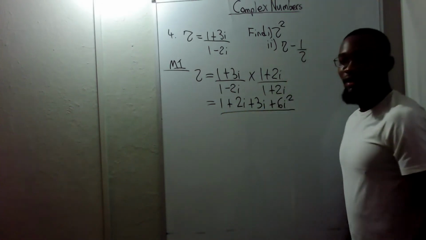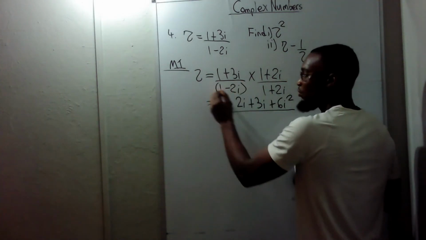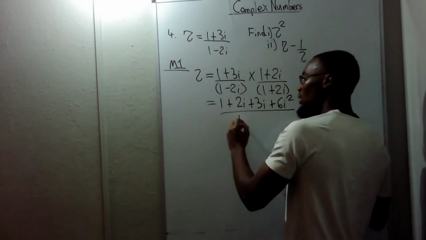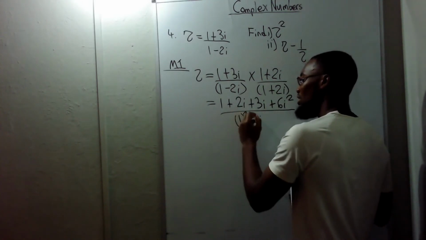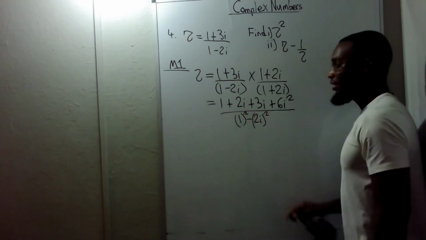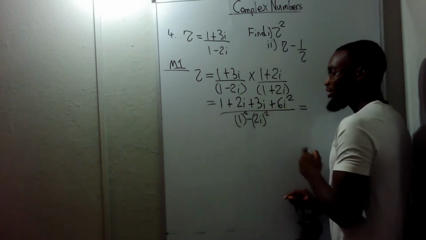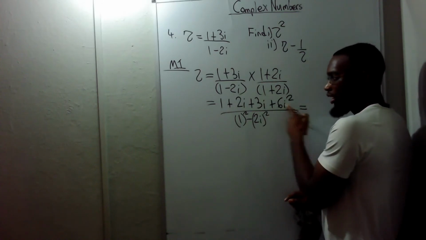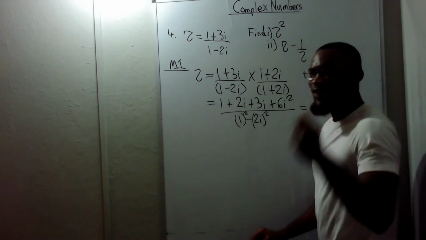Divided by, now, the denominator becomes the difference of 2 squares. So we're going to have 1 minus 2i, and it's 1 squared minus 2i squared. That's the difference of 2 squares. Now 1 plus 6i squared, i squared is negative 1, so it is 1 minus 6. 1 minus 6 is negative 5.